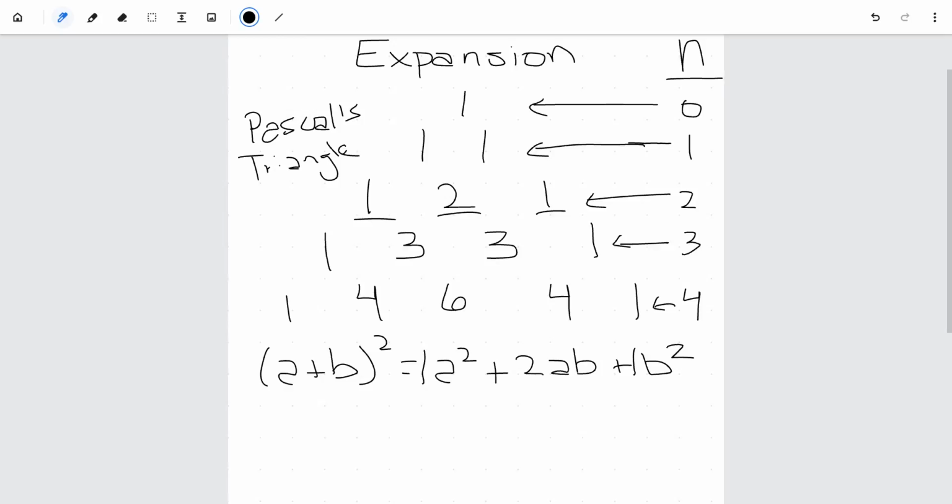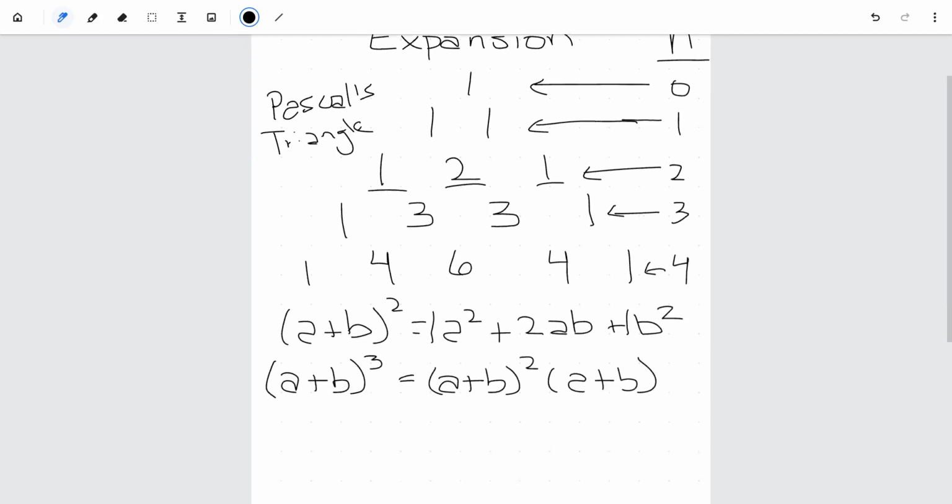Now, it gets a little bit tougher when we are doing something like (a+b)^3, because a lot of times what you'll do is expand (a+b)^2 and then multiply it by a plus b again. That takes a long time and isn't a fun thing to do, but we can leverage the n equals 3 row of Pascal's triangle to make this a lot easier on ourselves.